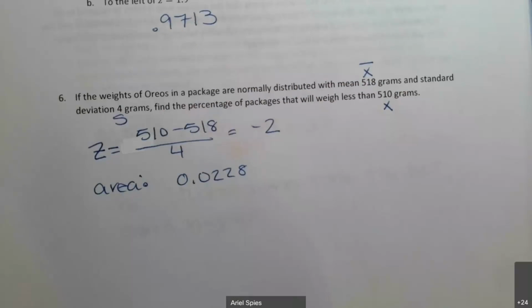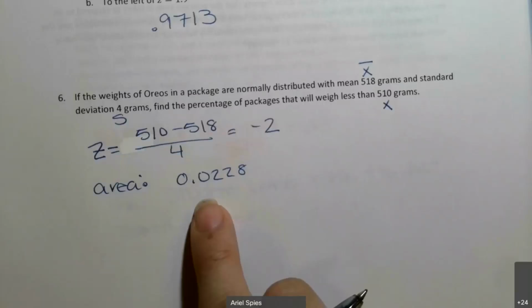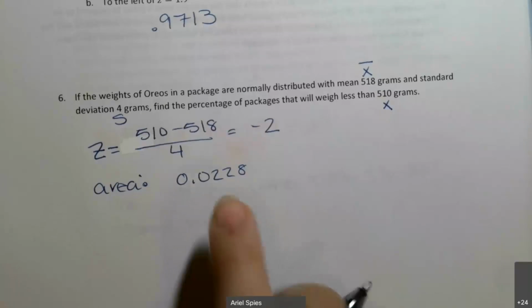And then what I want to do is remember my area, my decimal, is my percent as a decimal. So I want to turn this back into a percent.